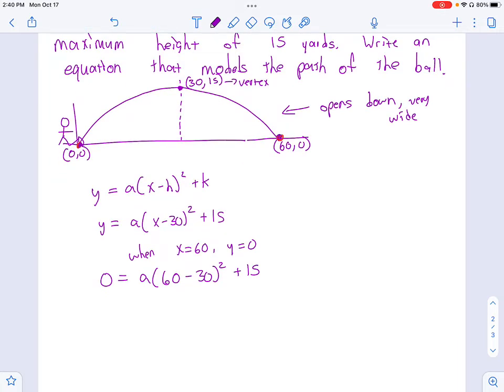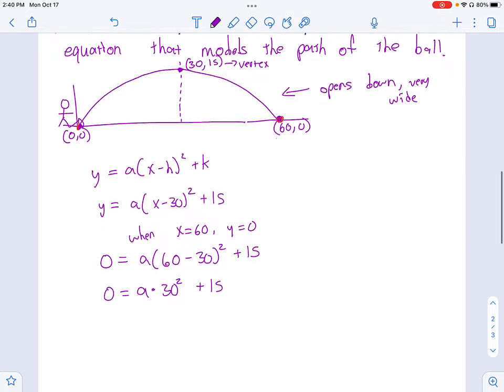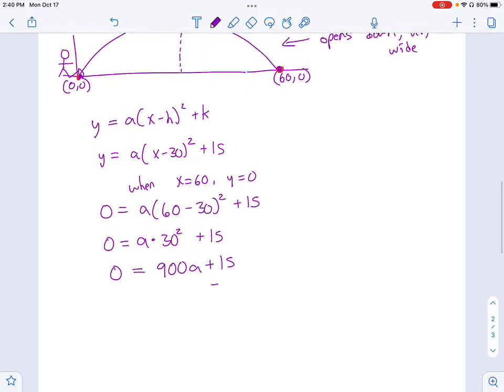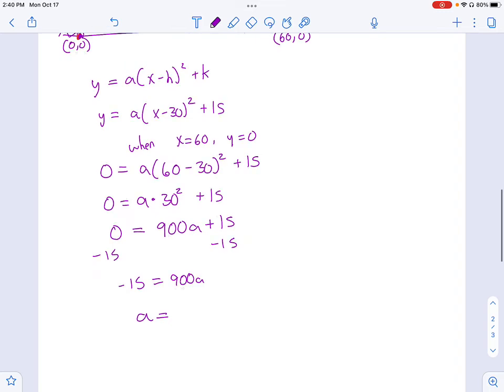So solving this just like we did the last one, 60 minus 30 is 30. So I have a times 30 squared plus 15. 30 squared is 900. So this is 900a plus 15. Subtracting 15. And a is equal to, so I divide both sides by 900.